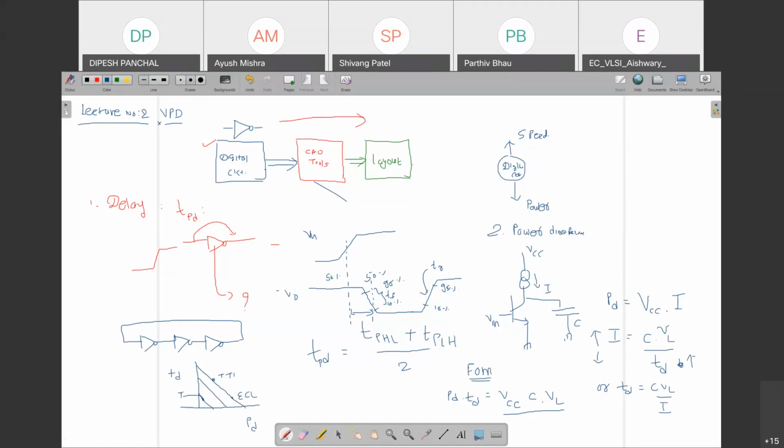These are all the logic families, for which power delay product is defined. So on this graph, for ECL the power delay product is available here, and somewhere over here, for I square L logic, power delay product is available. Instead of defining individual power and delay, there is now a trend of power delay product, PDP.